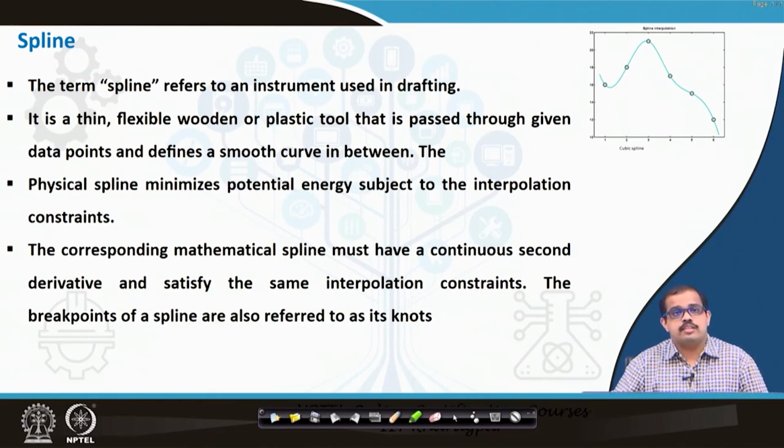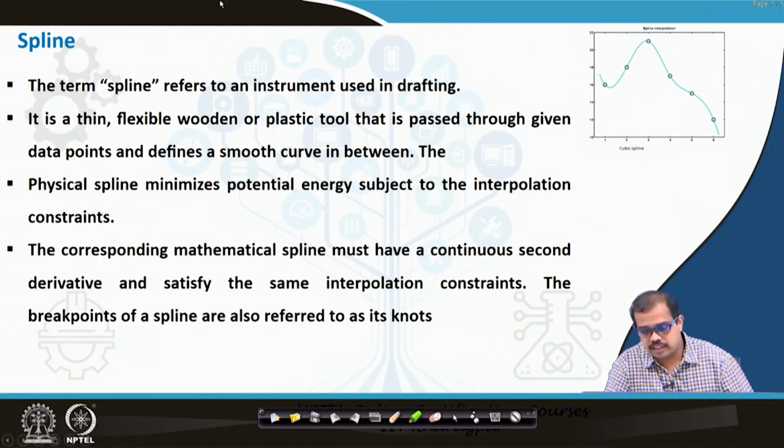The physical spline minimizes the potential energy subject to interpolation constraints. The corresponding mathematical spline must have a continuous second derivative and satisfy the same interpolation constraints. So, it uses the second derivative value. The breakpoints of the spline are also referred to as knots. So, these are the knots that you use. Whatever I am showing here is actually a cubic spline.